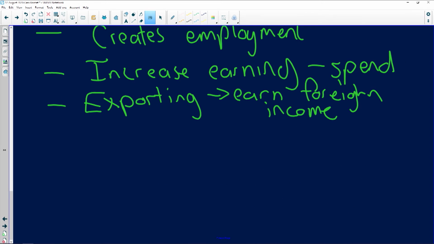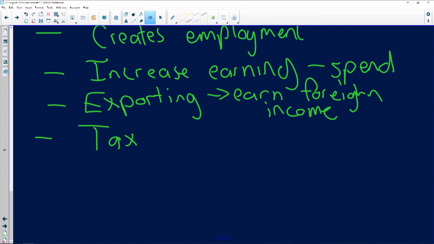Now, with these businesses, remember, these are massive manufacturing businesses. They get taxed. So, quite important, taxes are earned, so that means it adds to the GDP.